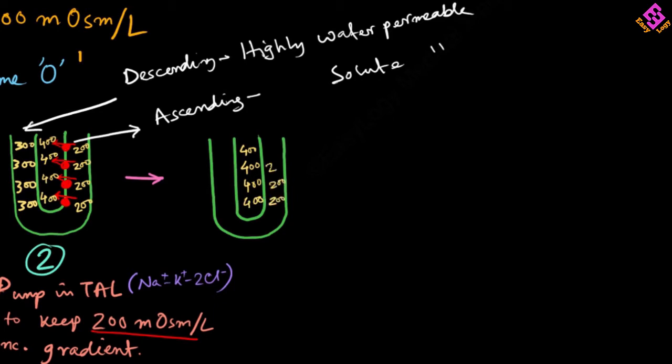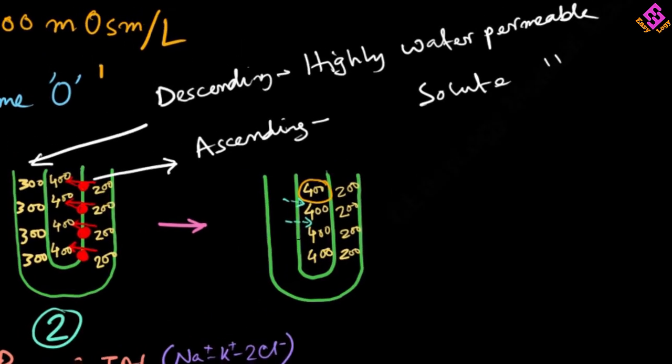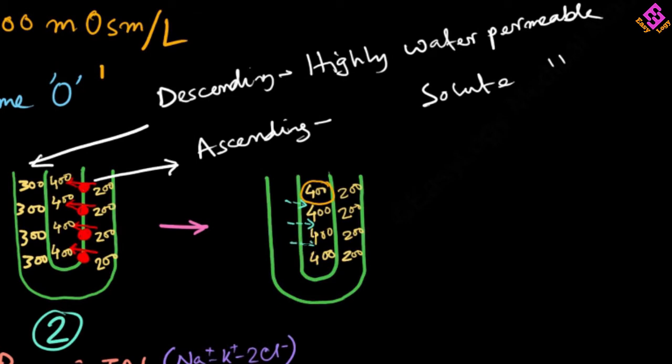Now this hyperosmolar interstitium will draw fluid or water by osmosis from the descending limb, and the descending limb osmolarity will now become equal to the interstitium, that is 400. Got it? You can see as water is going out from the descending limb, the osmolarity is increased.